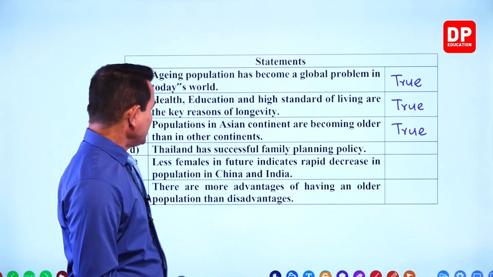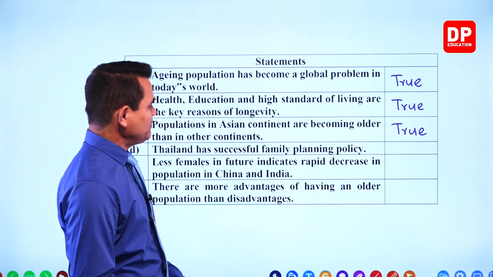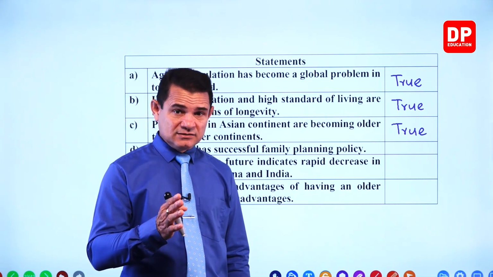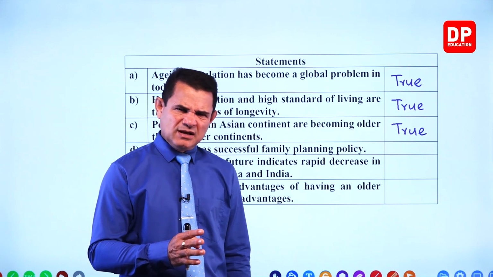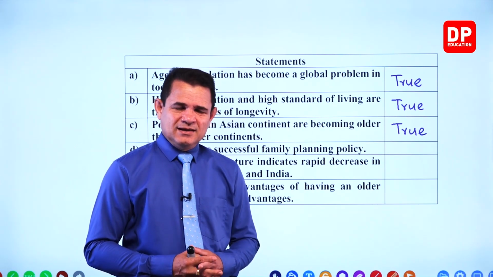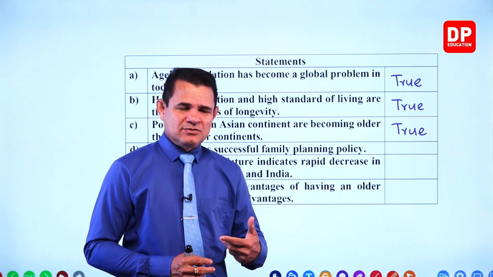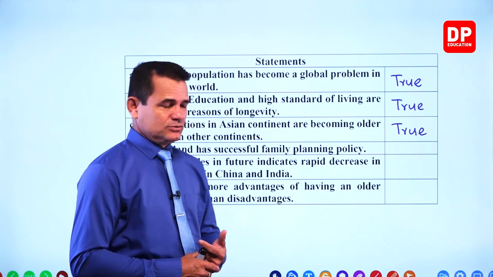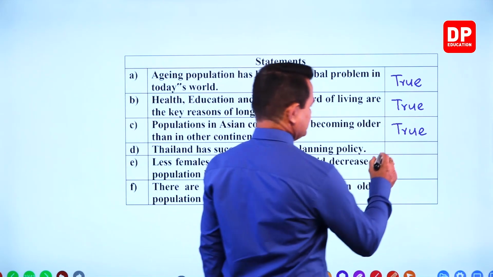Next one: Thailand has a successful family planning policy. It did not say whether it was successful or not. So we can say not given.